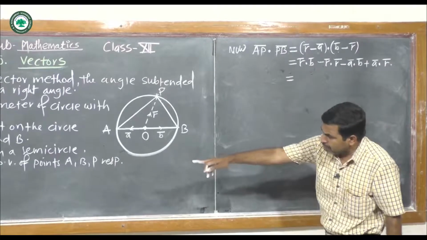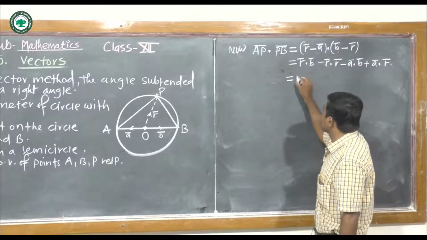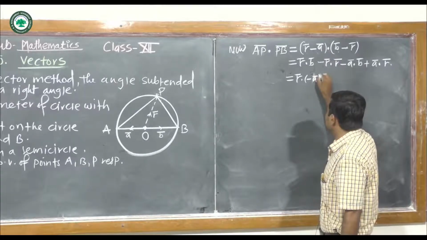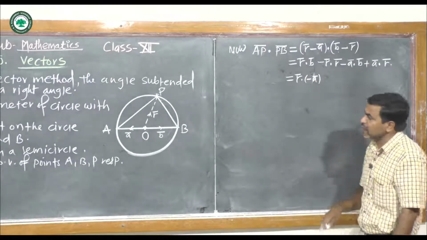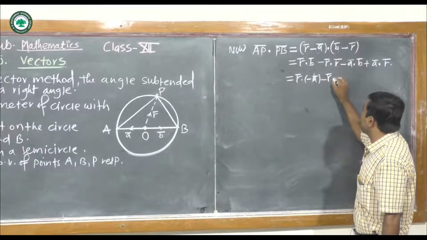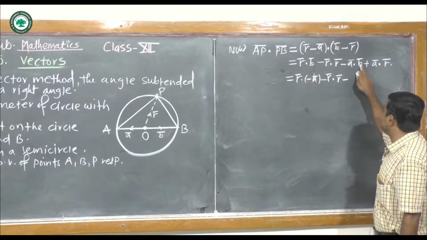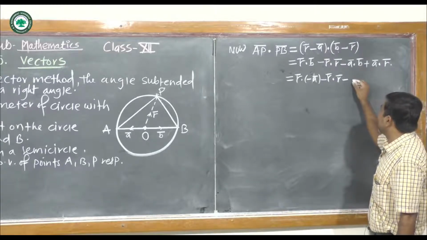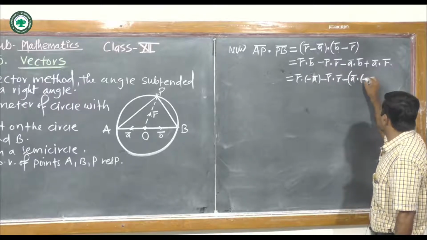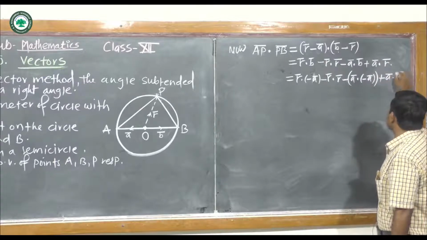But we know that B bar is equal to minus A bar. So R bar dot minus A bar, because B bar is minus A bar, minus R bar dot R bar, minus A bar dot minus A bar, plus A bar dot R bar.